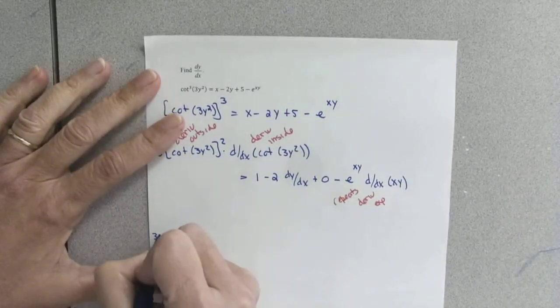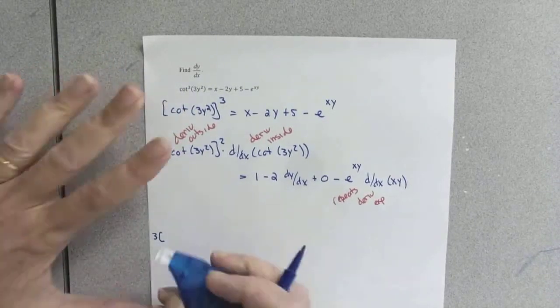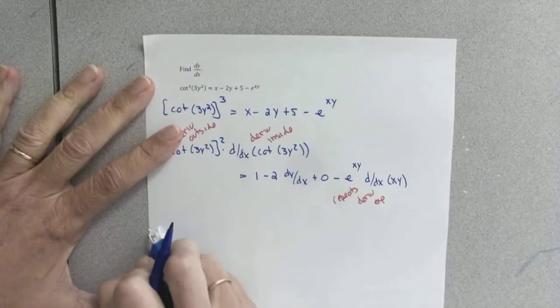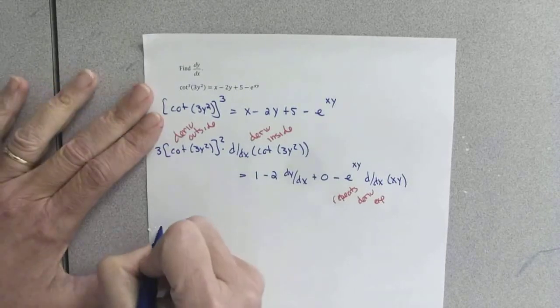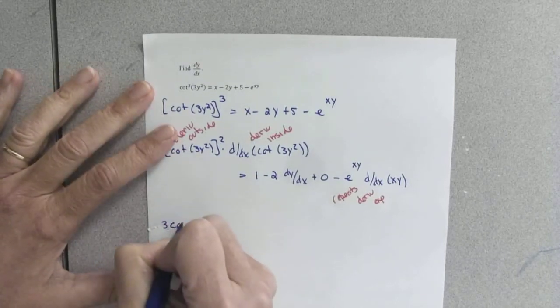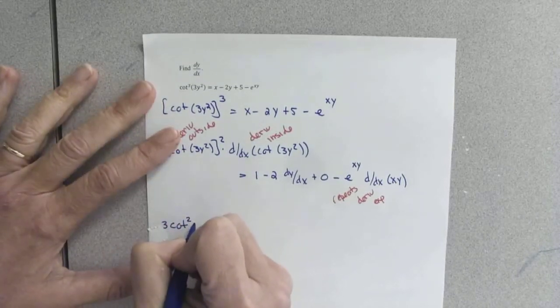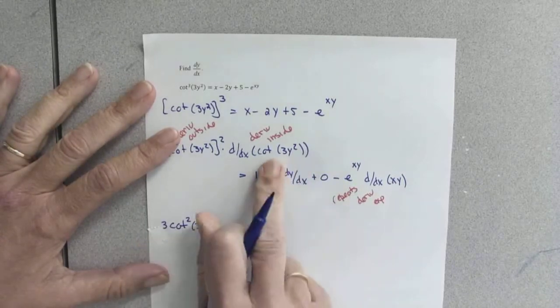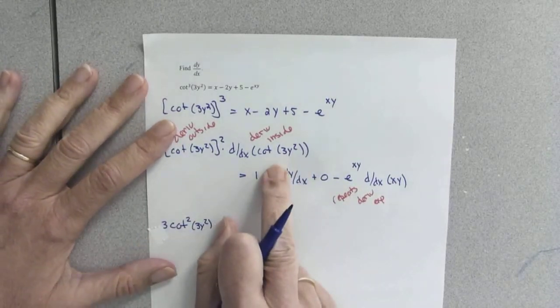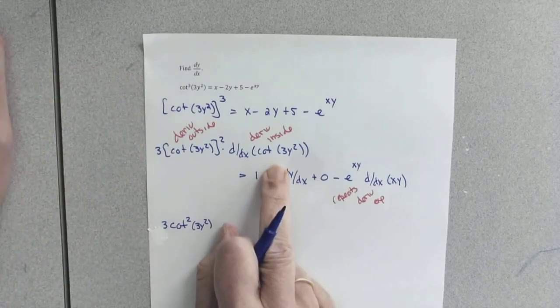So I've got 3 cotangent squared of 3y squared. Then I get up to here, and this derivative, another chain rule.